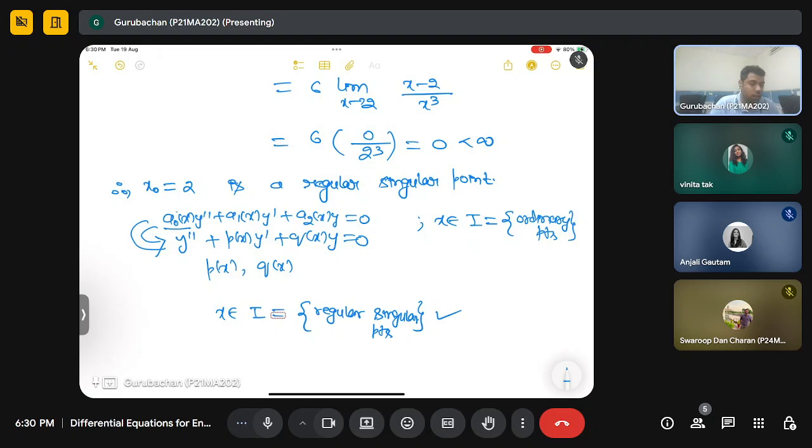But in case of irregular, we will not be able to write this power series expansion, because if you write it, then in your differential equation there will be terms that are going to be infinity sometimes. So we will work only with regular singular points. So here you get to know how to judge which is a regular singular point and which is an irregular singular point. So let us move to the discussion of power series solution.